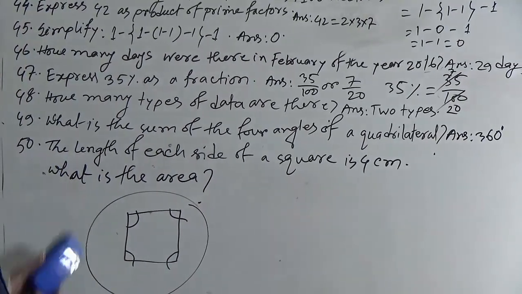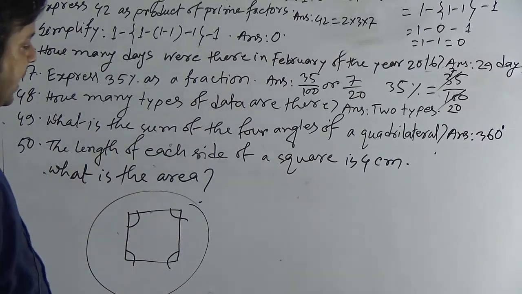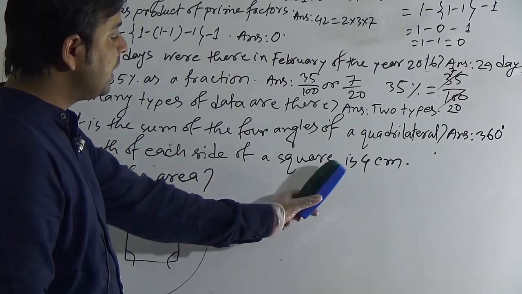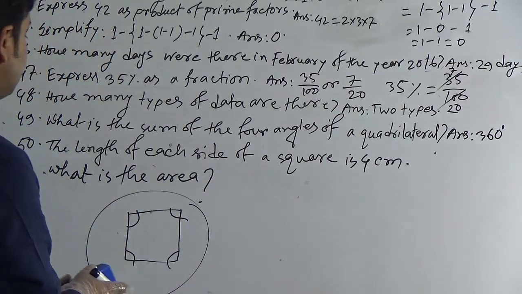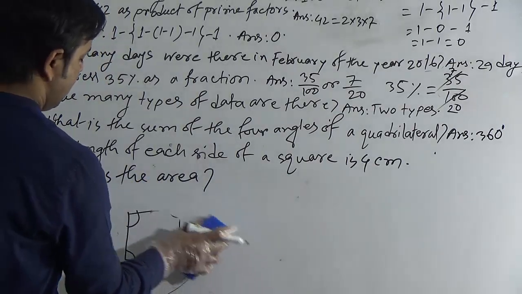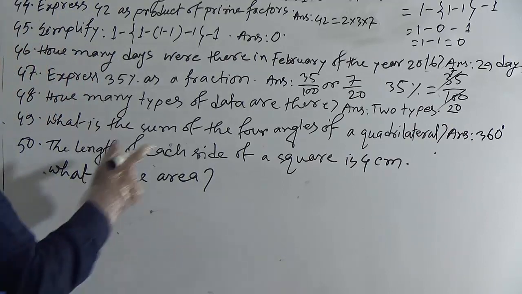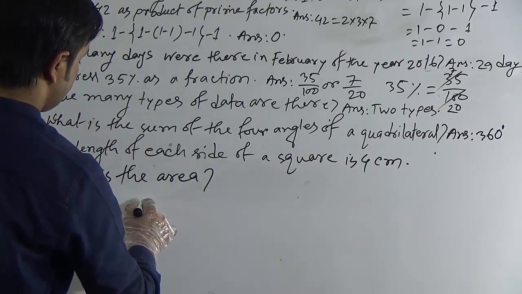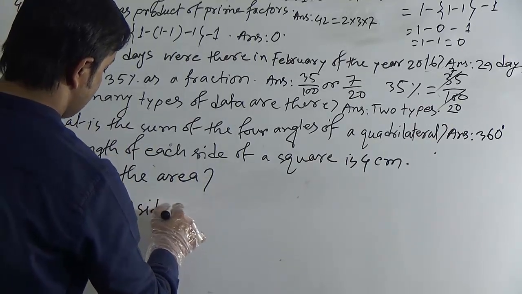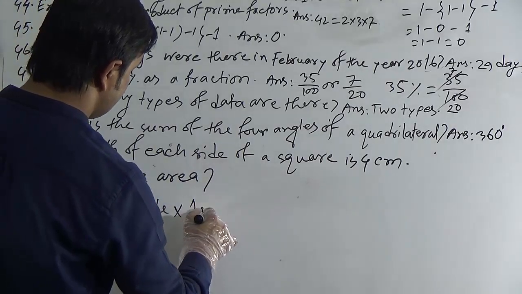Now the last question. The length of each side of a square is 4 centimeter. What is the area of the square? As the length is 4 centimeter, we know the formula for the area of a square is one side into one side.